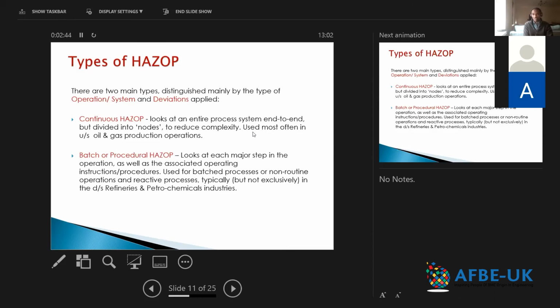You do a procedural HAZOP, taking these operating procedures and HAZOPing them using the appropriate guide words. The guide words for the continuous HAZOP and the batch HAZOP are different, even though they can be mixed and matched sometimes, depending on what you're looking at.